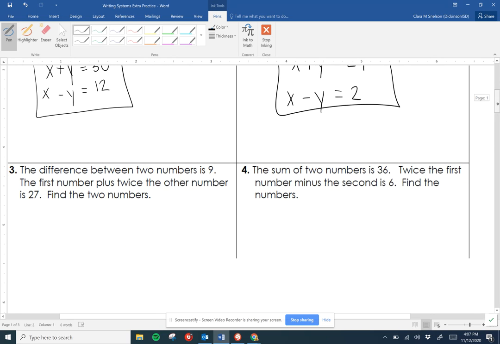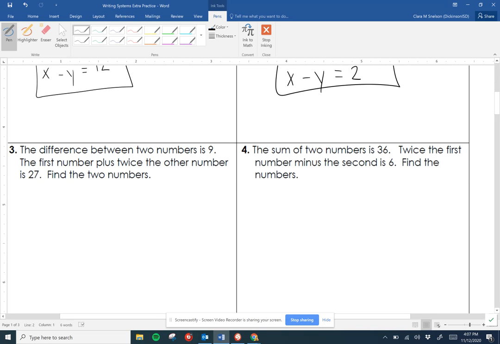Number 3 says the difference between two numbers is 9. The first number plus twice the second number, so that means 2 times, is 27. So let's say the first number is going to be X. The second number is going to be Y. We know that X minus Y equals 9.